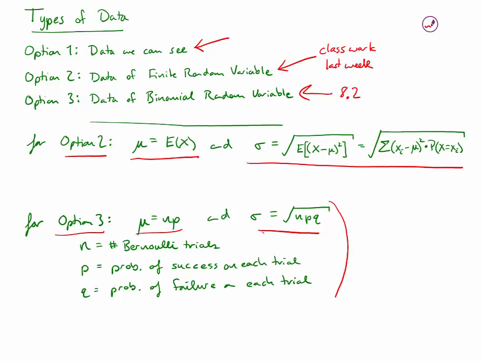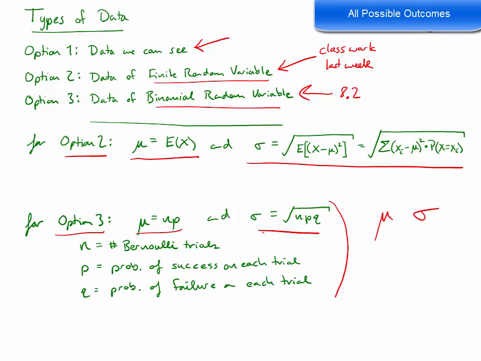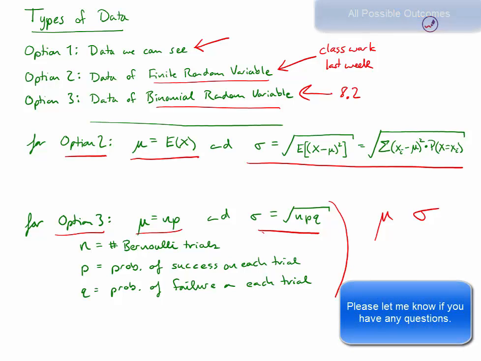The one thing I want to note here is the use of population mean and population standard deviation. Again, with a finite random variable and a binomial random variable, this data will encompass all the possible outcomes. Okay? Thus, we are talking about population data in each of these senses. With option 1, data that we can see, that's where we may have a sample, we may not.